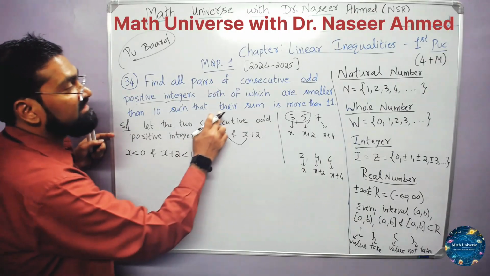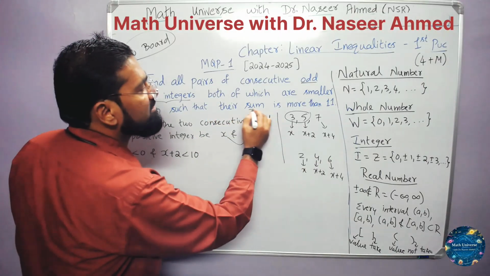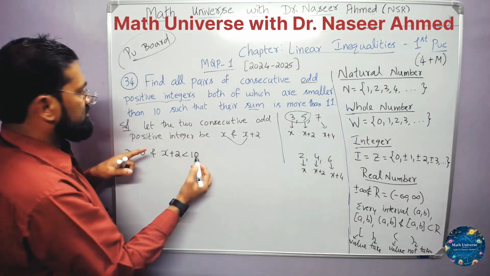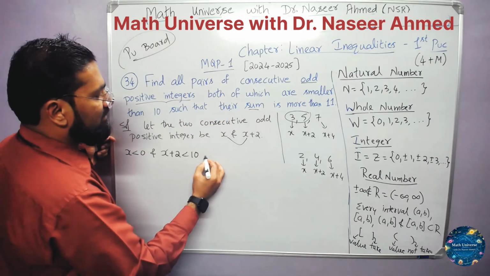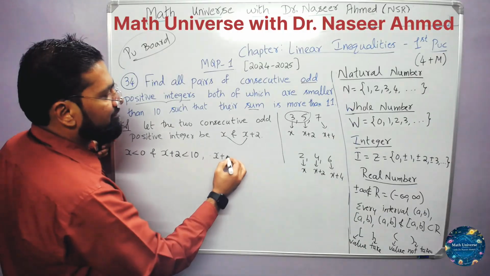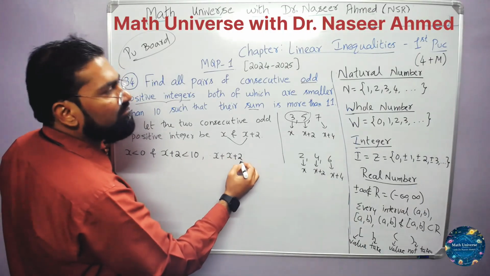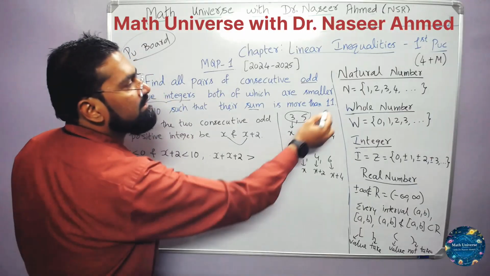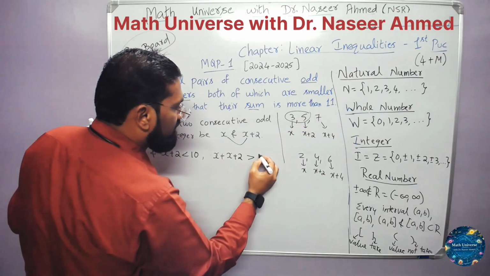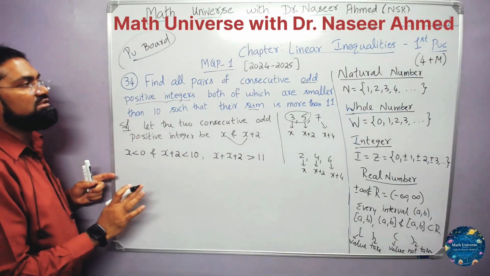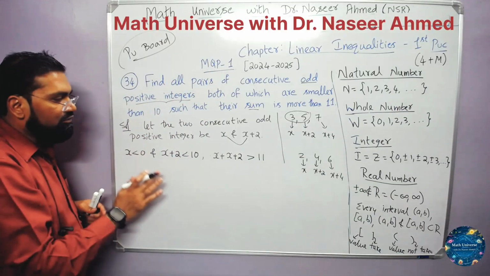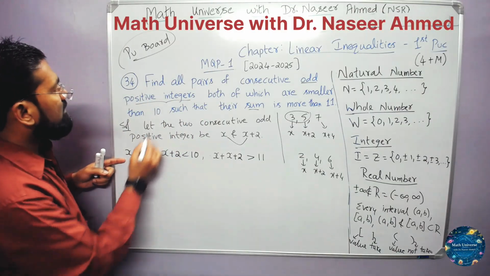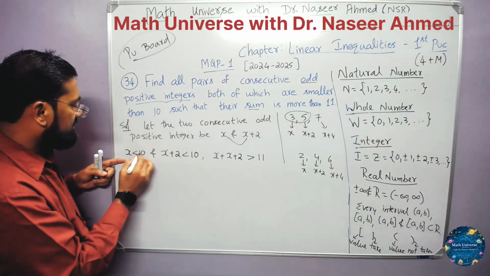Next, such that their sum, meaning addition of these two numbers, is more than 11. So whatever they give in English statement, we wrote in math language. Okay, here I think I wrote wrong. Lesser than 10, not 0, lesser than 10.